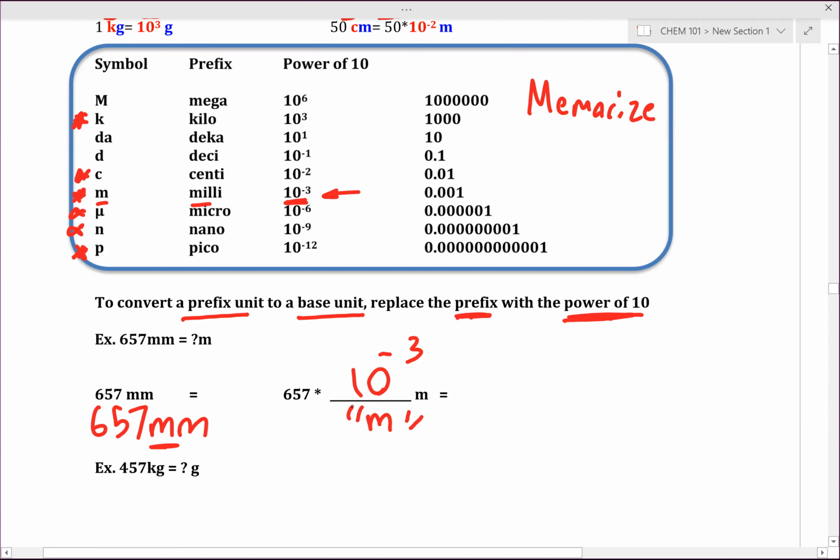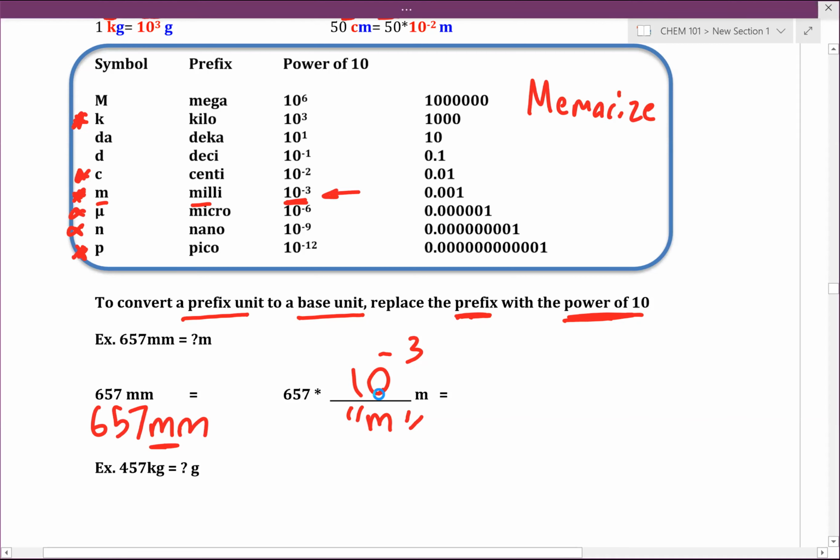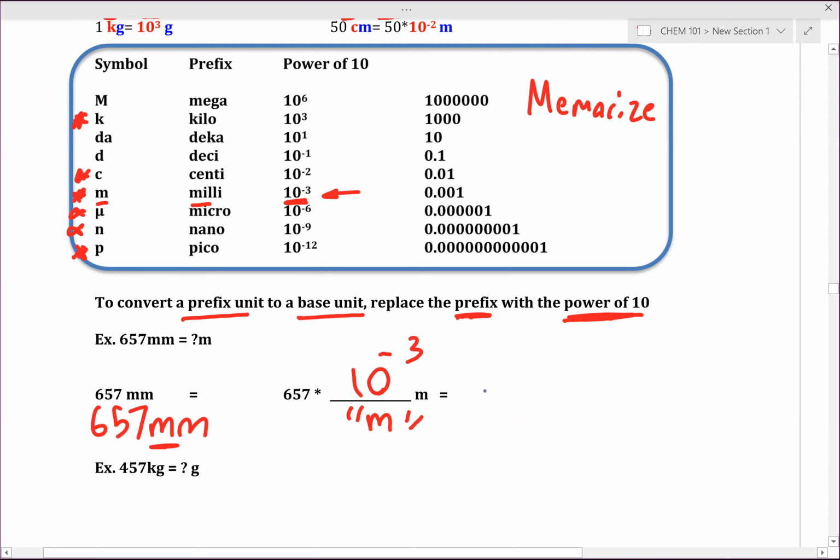Okay, and can we compute this out longhand? Do we know how to handle multiplying by powers of 10? Have we done that before, just a few minutes ago in lecture? Yes. So all we have to do is take 657 times 10 to the negative third, we put our decimal point at the end, and what direction are we moving our decimal point?